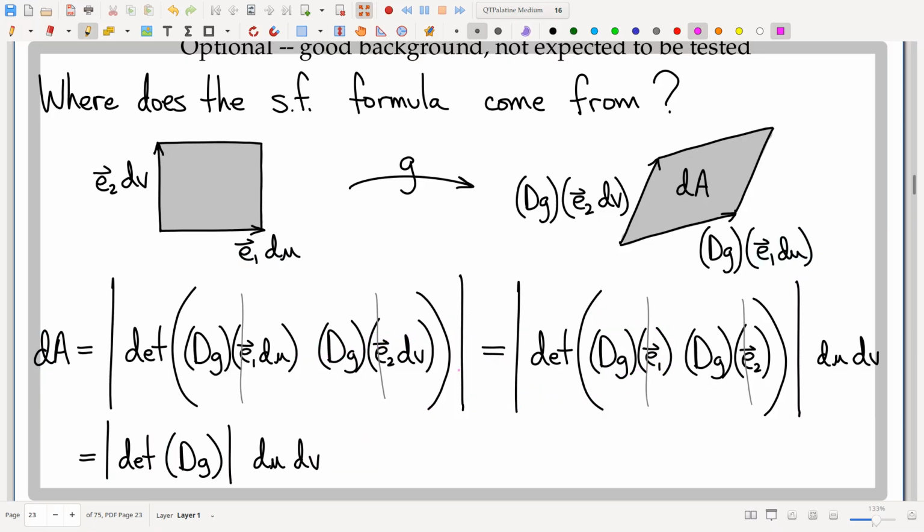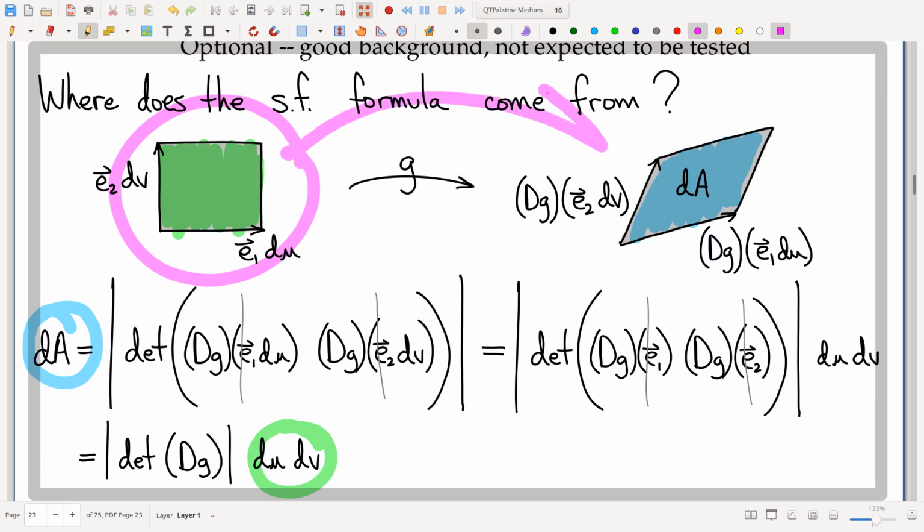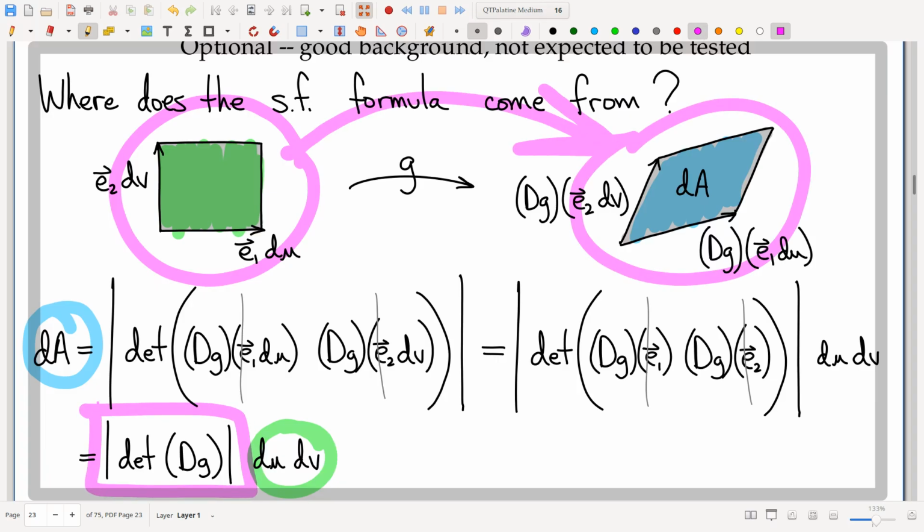And notice what we end up with, exactly what we needed. That area comes from this area, which conveniently showed up right there, as being multiplied by that factor. That's our stretching factor.